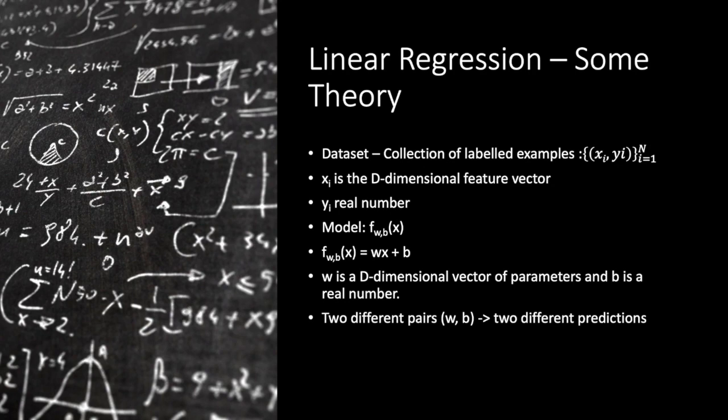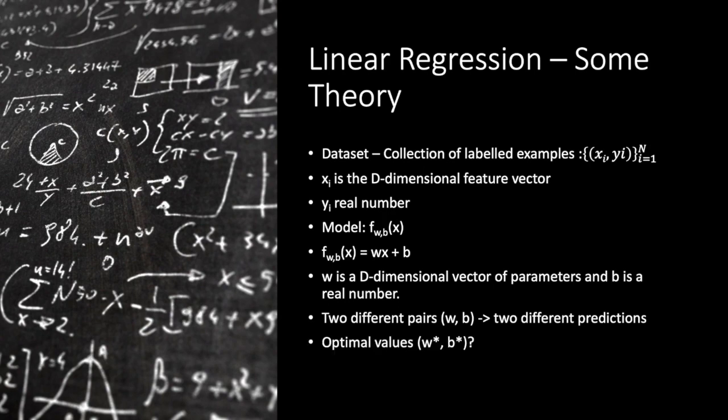w is a d-dimensional vector of parameters, and b is a real number. What you should note is that if we have two models parameterized by two different pairs of w and b, then very likely they will produce two different models. So these numbers are important.